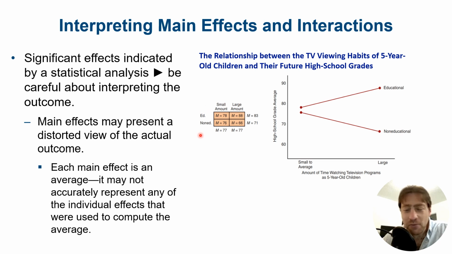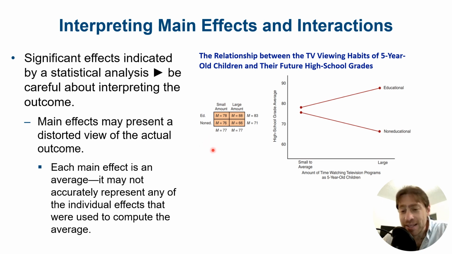However, for the non-educational condition, it's the opposite trend. Here, a small amount of non-educational television resulted in better grades than a large amount of non-educational television. So yes, the amount matters, but the amount interacts with the type of television that is being watched.